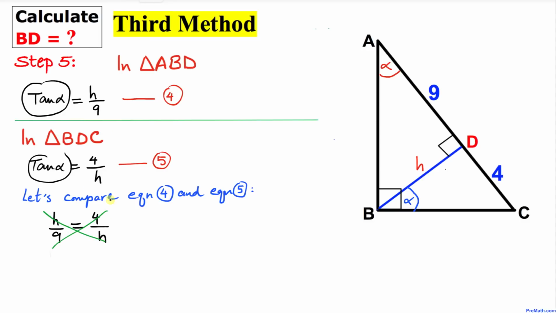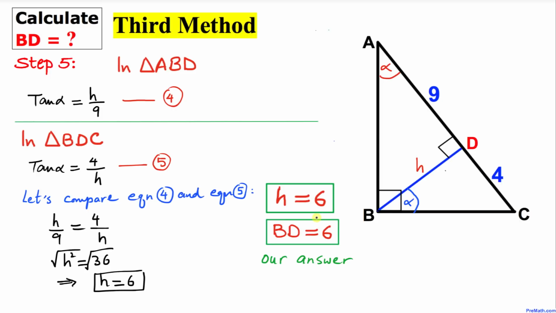Once you do that, we are going to get h squared equals 36. Let's take the square root on both sides to undo this square. So that means our h value turns out to be 6. So the length of our side BD, which is our altitude, turns out to be 6 once again. And that's our final answer.